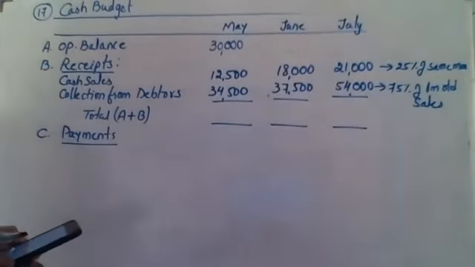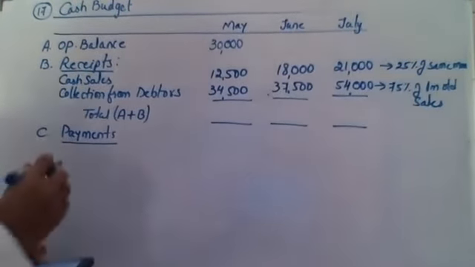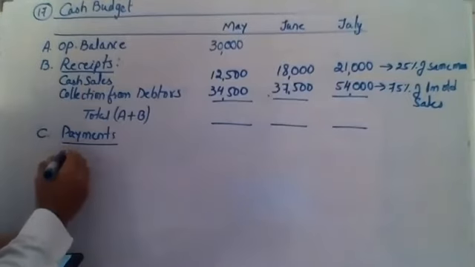Come to the payments. Now, what are the payments you have? You have purchases, so you have to pay to creditors. Wages, factory expenses, office expenses, selling expenses. The second point of the question, other information, says suppliers supply goods at 2 months credit. So this is payment to creditors.